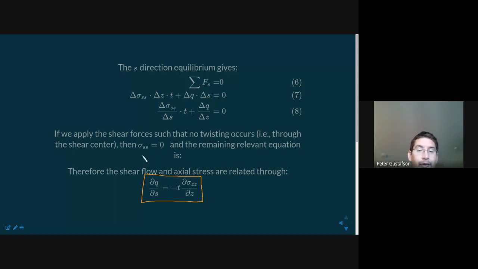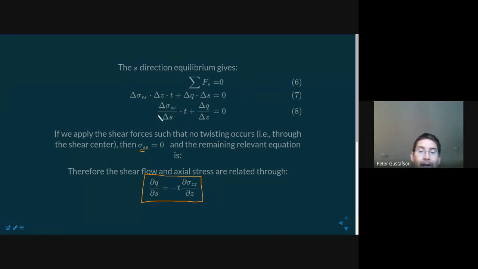Another interesting thing that can occur here is that if we're applying the shear forces such that no twisting occurs, then sigma ss is going to be equal to 0. What do I mean by that? If I'm applying this in a way that doesn't generate twisting, then sigma ss is 0.